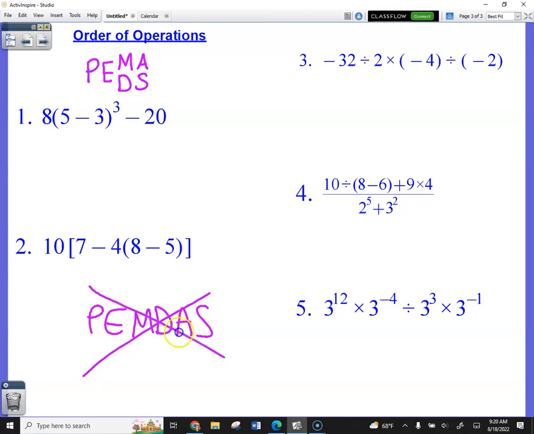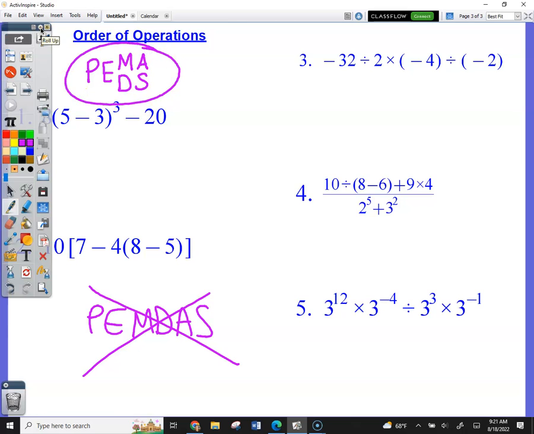You don't write it linearly like that, because that implies that multiplication has to be completed before division. This implies addition has to be completed before subtraction, and that is wrong. That is absolutely wrong. That up here is the correct way to represent it.